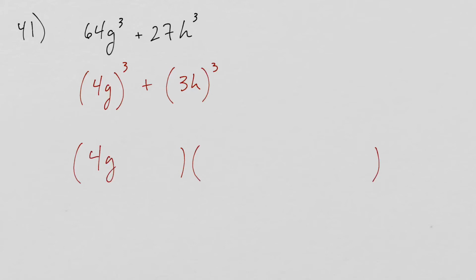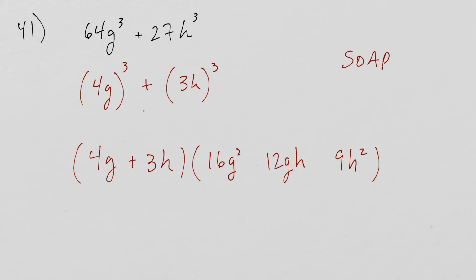The cube root items go in the binomial, and then we go square, product, square. So square is 16g squared. The product of those two items is 12gh, and the square of the last item is 9h squared. And then we'll apply SOAP. So we have same, that's the same, opposite of that, and always positive. And we're done.